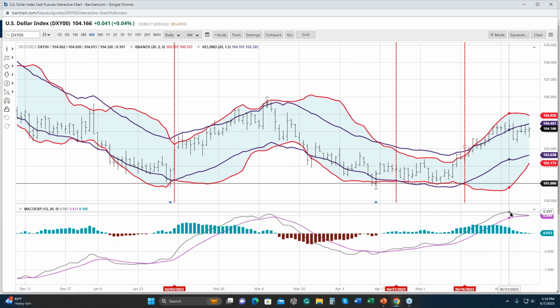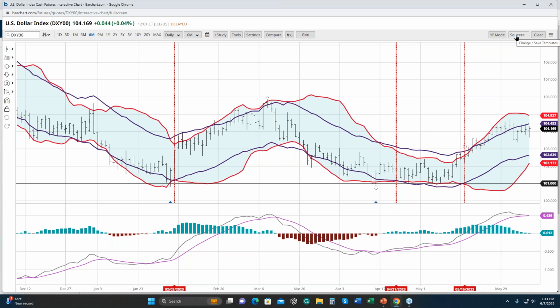Now, looking at all of this, this might seem kind of confusing and difficult to interpret. Carter has created a template that Barchart has adopted, and that is a lot easier to read and a lot more actionable to the trader. If you're following along at home, up here in the right-hand corner, you might see something that says templates.